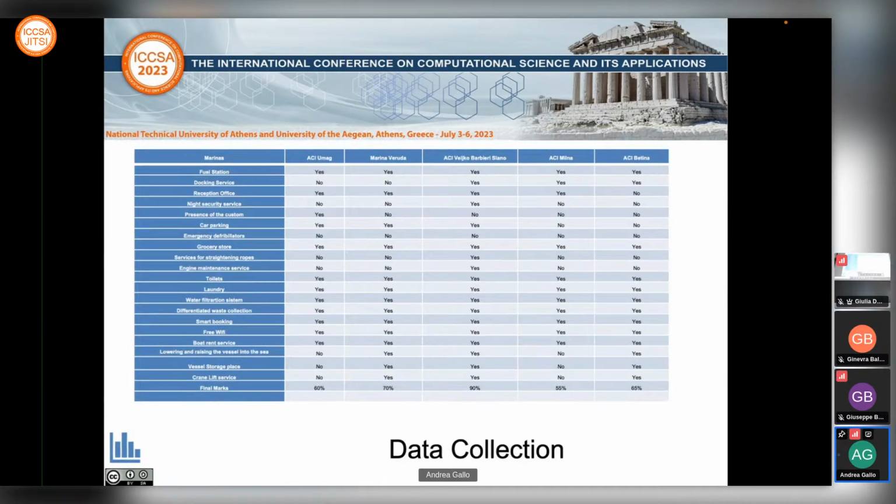For what concerns the services of these different marinas, here you have the list. As you can see here, we use, for instance, the presence of a fuel station, a docking service open 24 hours per day, the reception office, the night security service, the car parking, which is an important service provided by the different marinas, but also, for instance, the smart booking, the free Wi-Fi, the presence of some small shops inside the marinas, and so on and so forth.